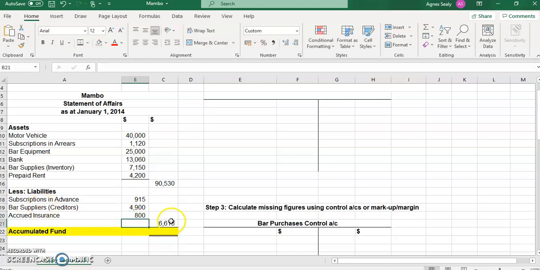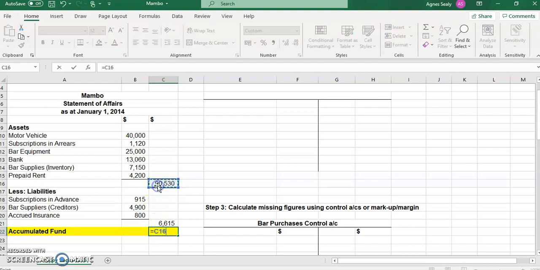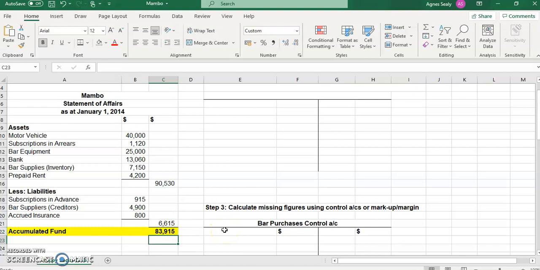So now we have total liabilities, my apologies, total liabilities of $6,615. So we are going to subtract the total liabilities from the total assets, and it will give us our accumulated fund. So that will be $90,530 minus $6,615.